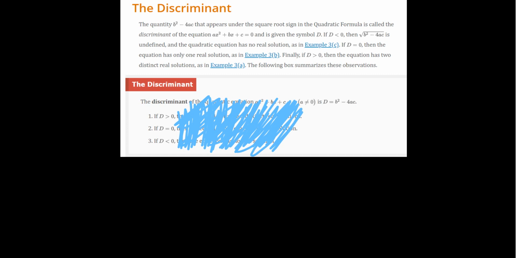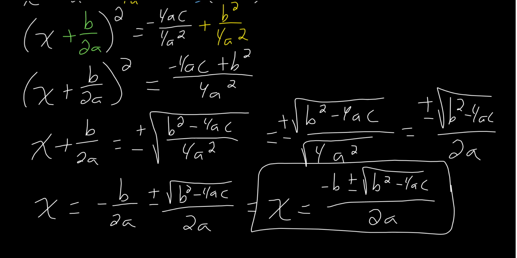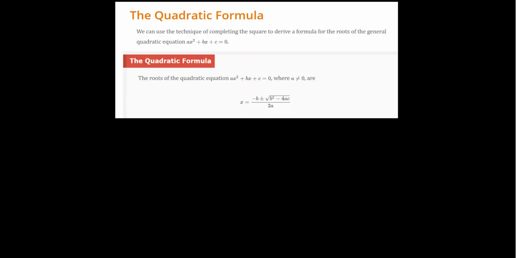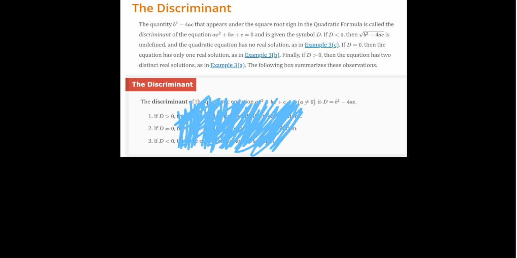That's the b squared minus 4ac that we see there in the numerator of the quadratic formula.